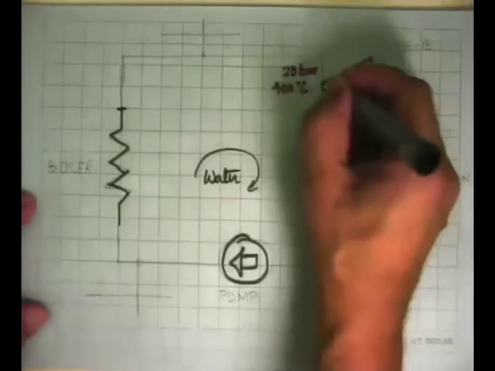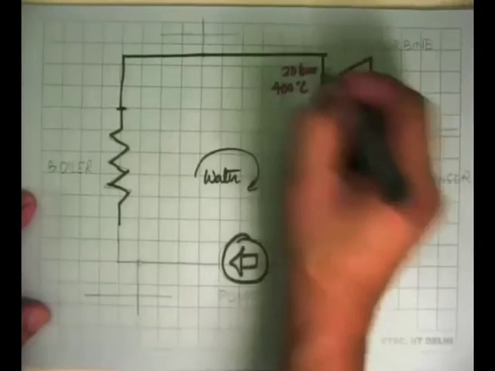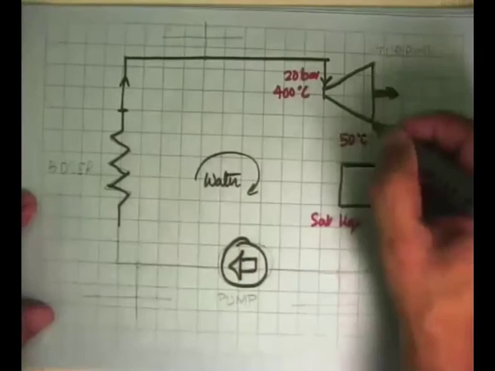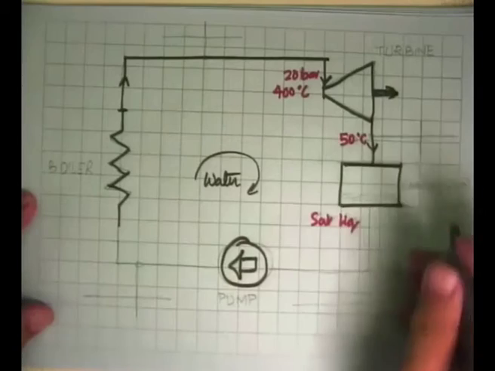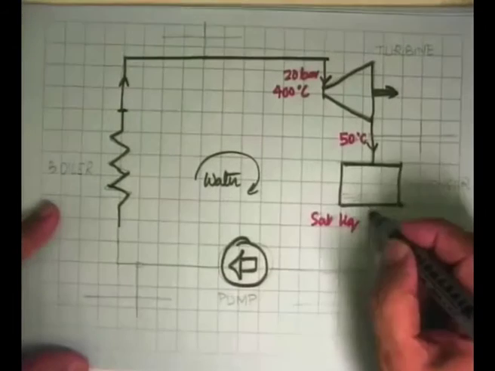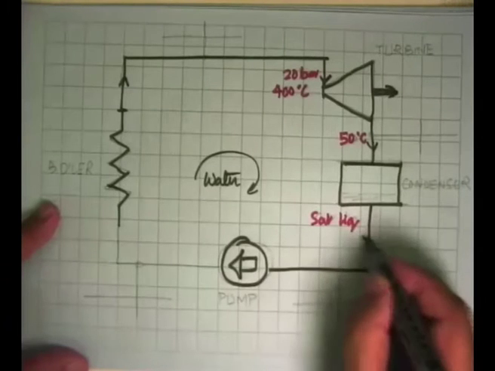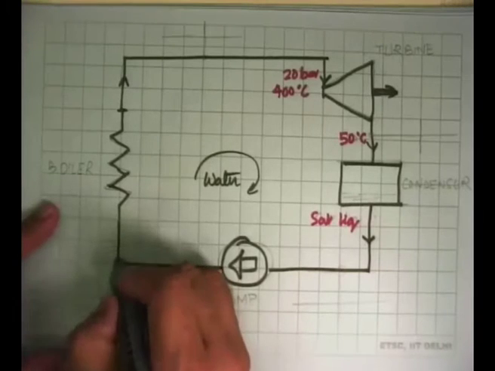The exit of the boiler goes to the inlet of the turbine through this pipe. The flow is in this direction. The turbine exhausts the steam into the condenser, where it flows over tubes carrying cold water and becomes saturated liquid and comes down. This flows into the inlet of the pump, which flows into the boiler.